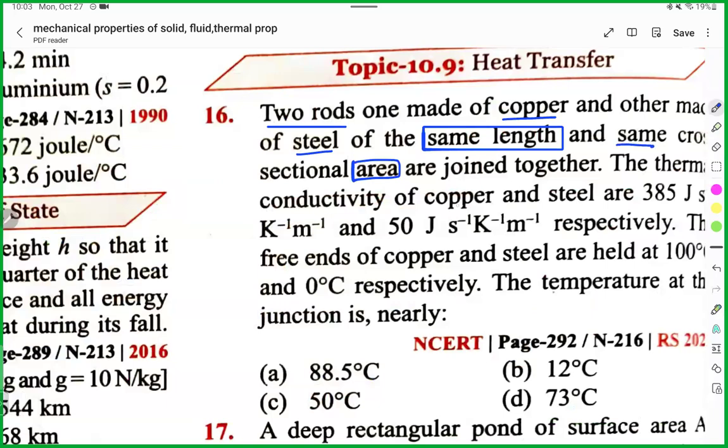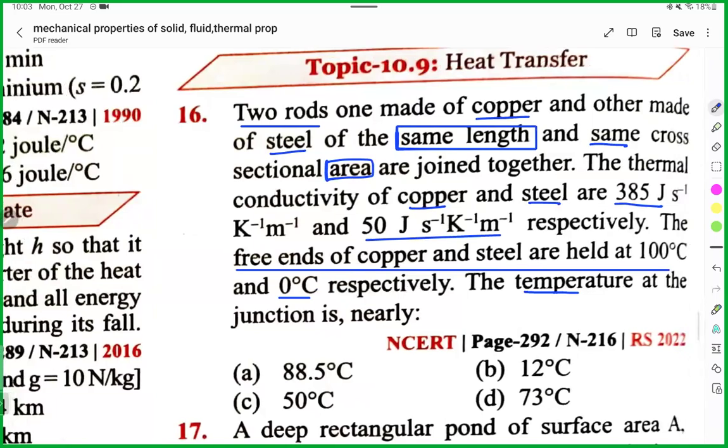Thermal conductivity of copper is this and steel is this. The free ends of the copper and steel are held at 100 degrees Celsius and 0 degrees Celsius. What is the temperature at the junction?